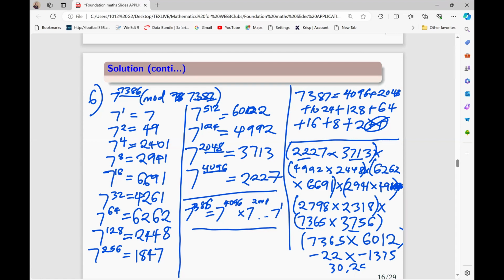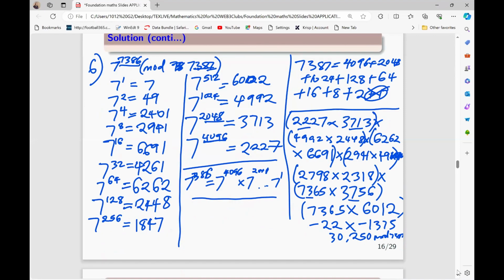So I think this is going to give us our answer. So our answer is going to be 702. If someone can confirm if our answer is right, it's correct. So our answer is correct.